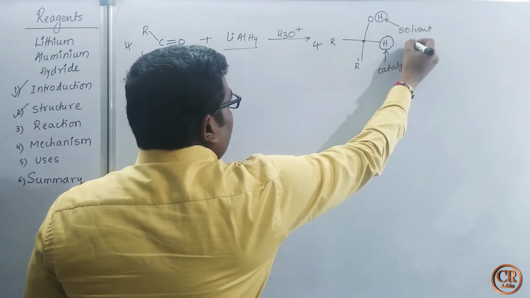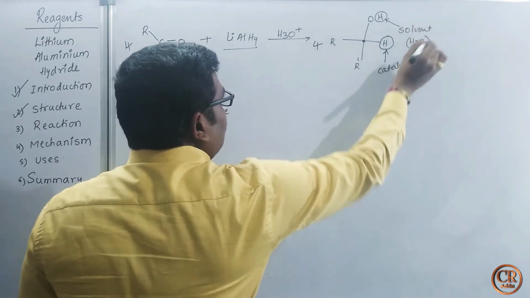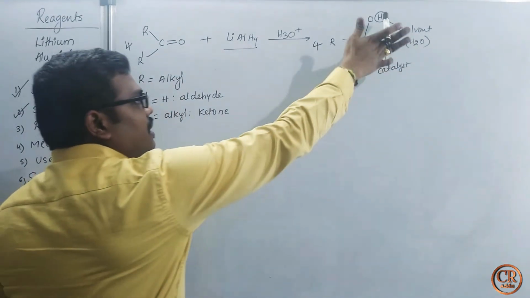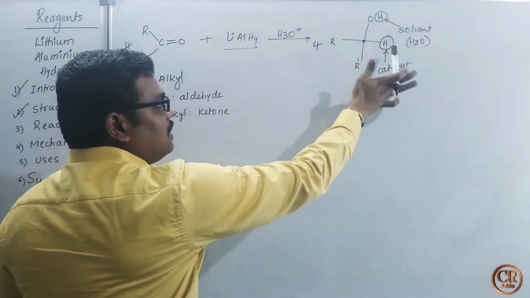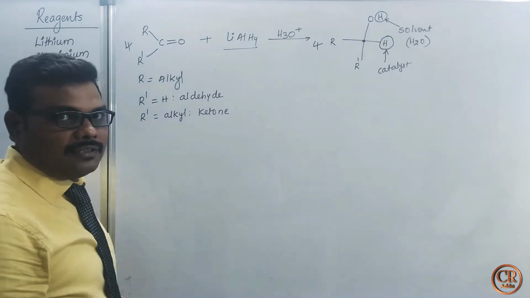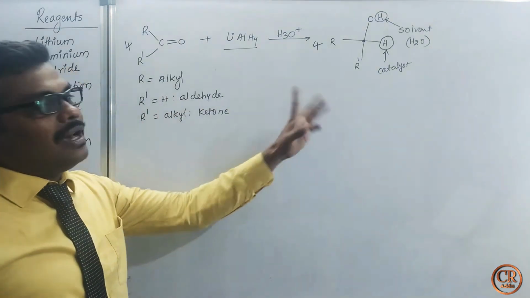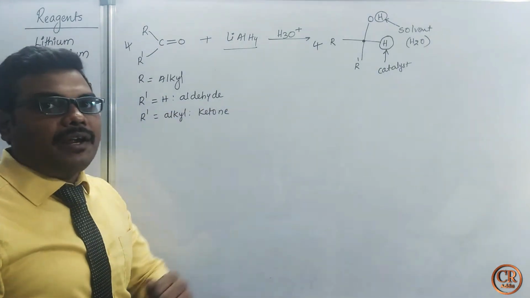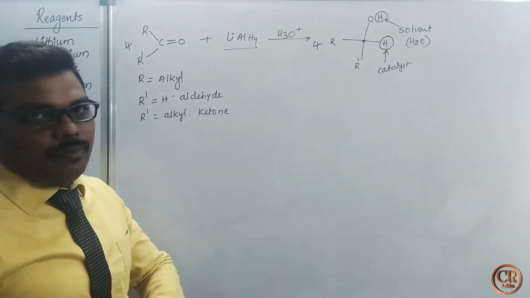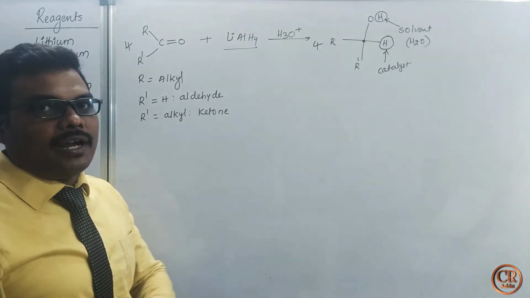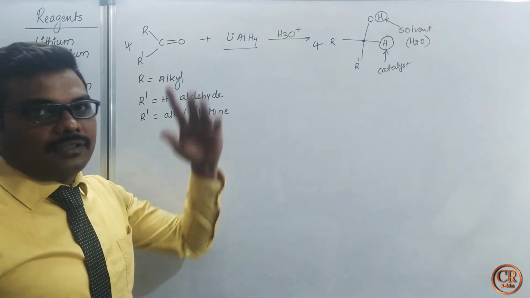Generally the solvent used in this process is water. So this hydrogen comes from the solvent and this hydrogen comes from the catalyst. Means in this overall reaction, half of the hydrogens are coming from lithium aluminum hydride and half of the hydrogens are coming from the solvent.